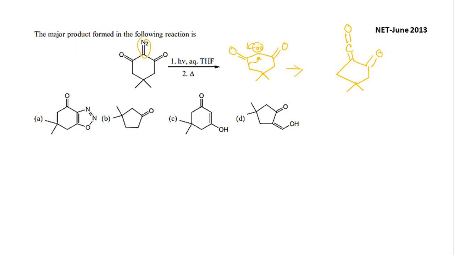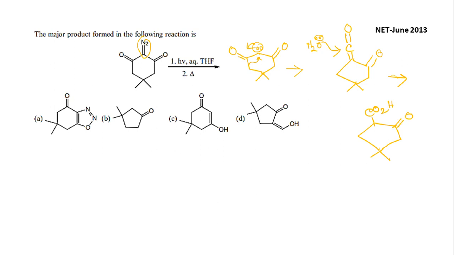Now aqueous THF, that means water will attack the ketene. Remember we have also done the same thing with MeOH previously, that is attack on ketene, and in that case CO2Me is produced, but now it will be production of carboxylic acid. So now we will have CO2H at this position.